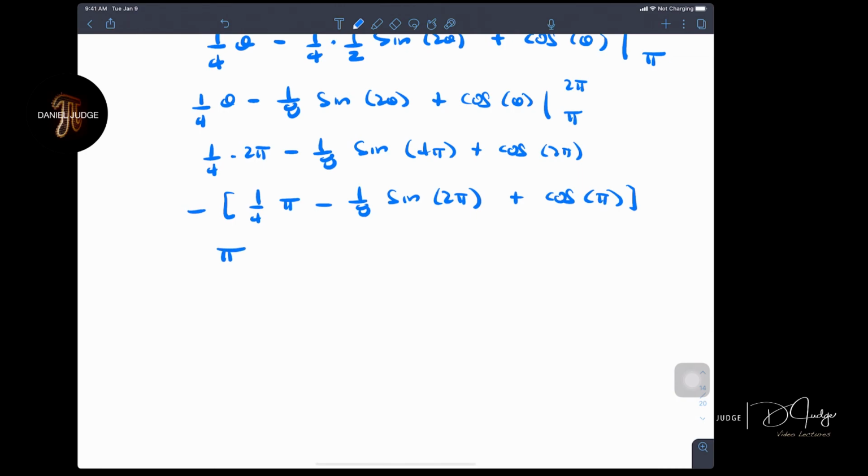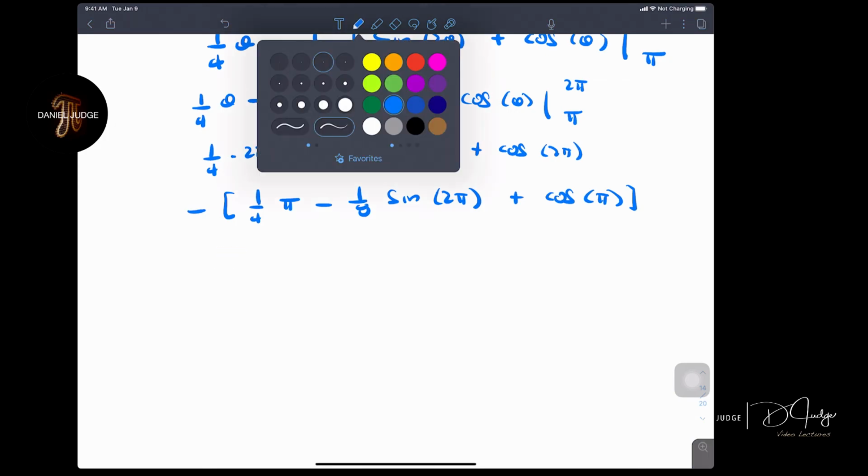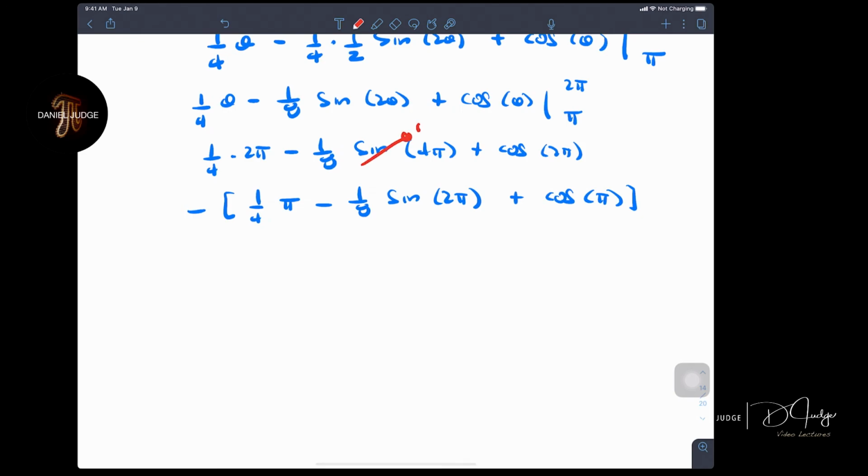So we get pi over 2 minus 1/8. Well, let's get rid of some things before we do that. Sine of 4 pi is 0. Cosine 2 pi is 1. Sine 2 pi is 0. Cosine pi is negative 1.